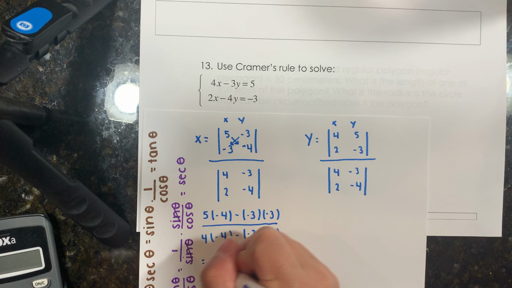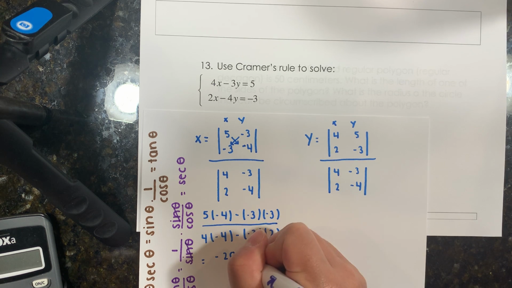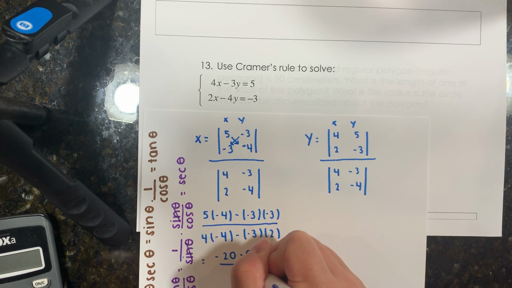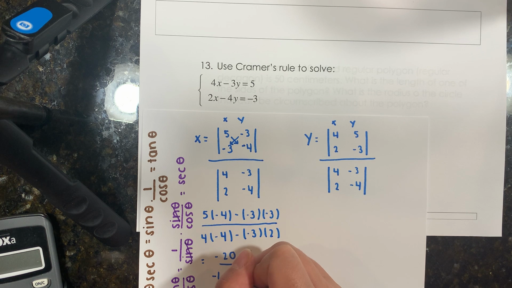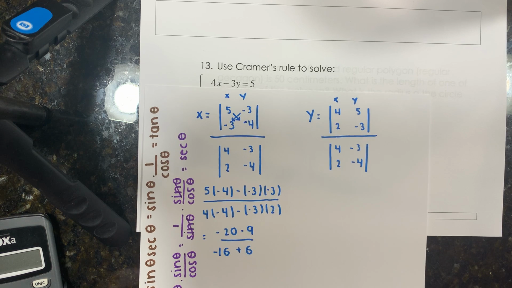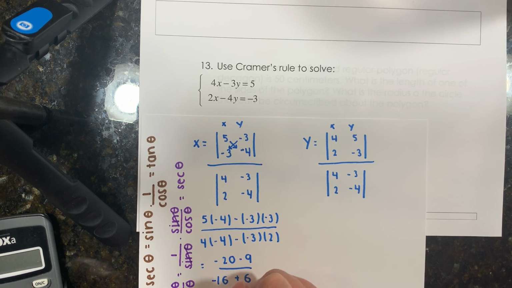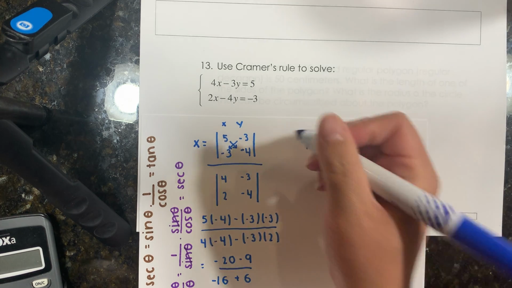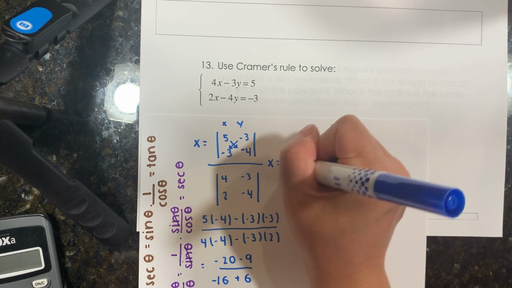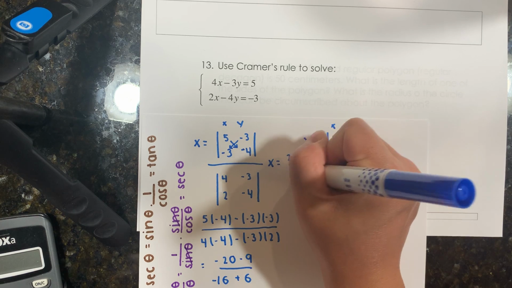So now you're going to get -20 minus 9 over -16 plus 6. And then your result for this one is just going to be -29 over -10. So therefore x is going to be equal to 29 over 10.